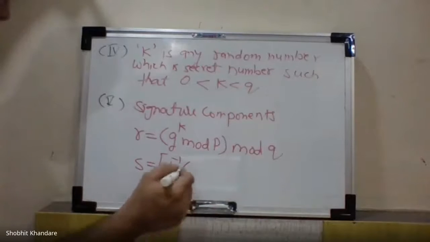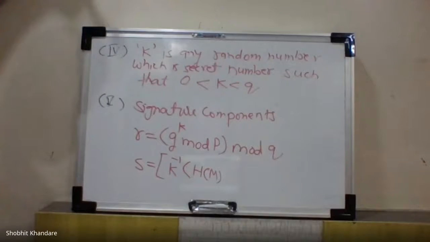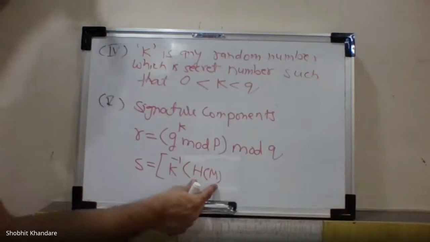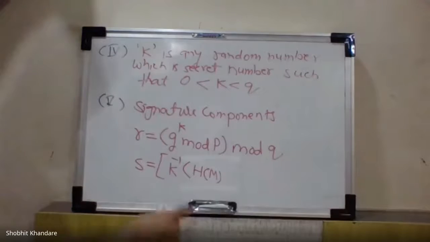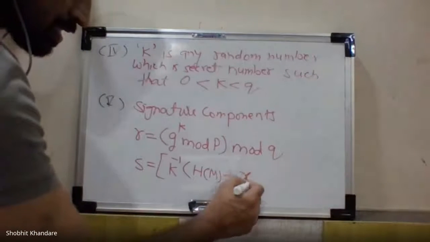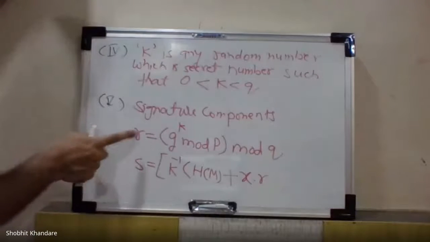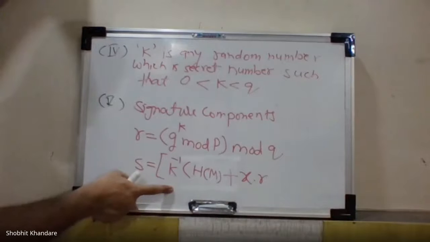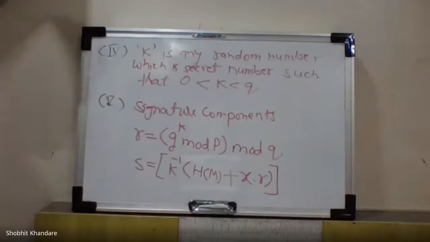Now see what I am writing, hash function over the message. I told you that the hash function could be SHA-1, which we have not studied yet, so we have to understand the hash function over the message. Okay, so we'll get some number there. So hash function over the message plus x into r. See, I wrote r first, not s, because r is needed for s. Okay, so bracket close, and this is a square bracket.